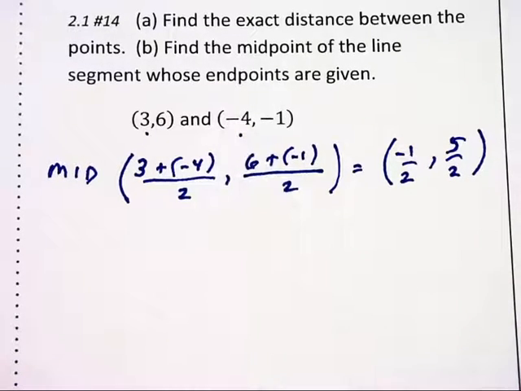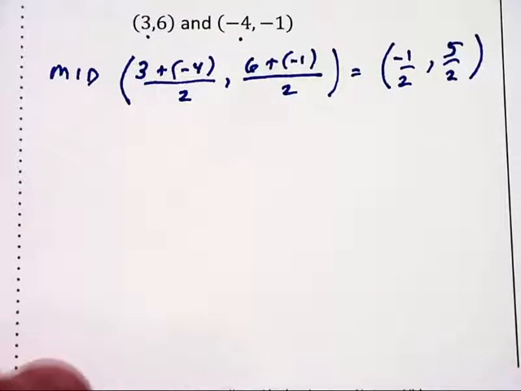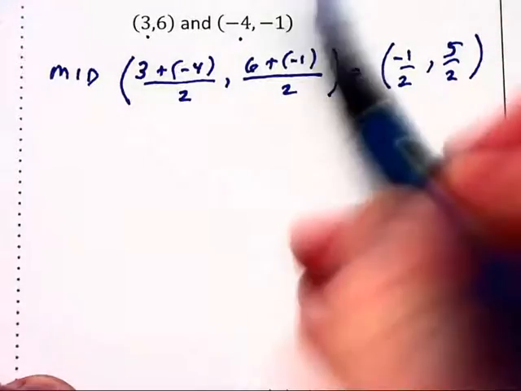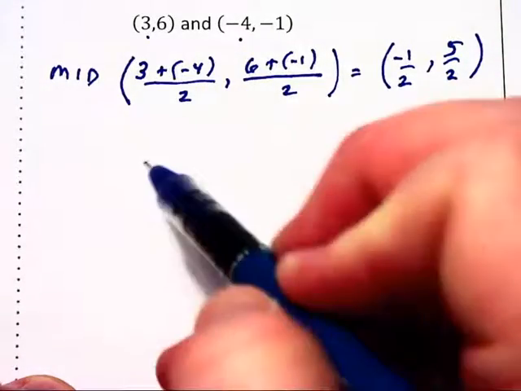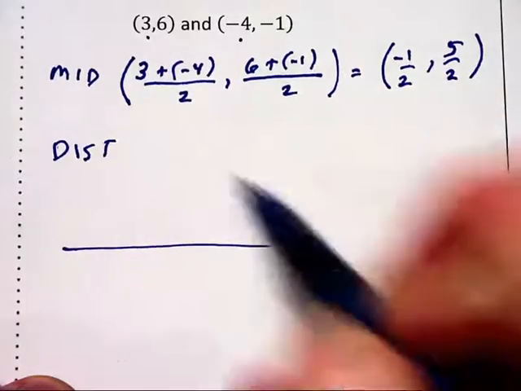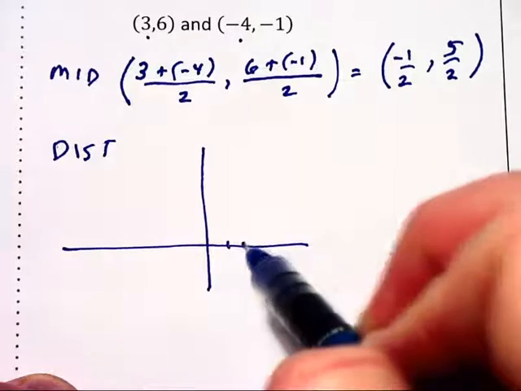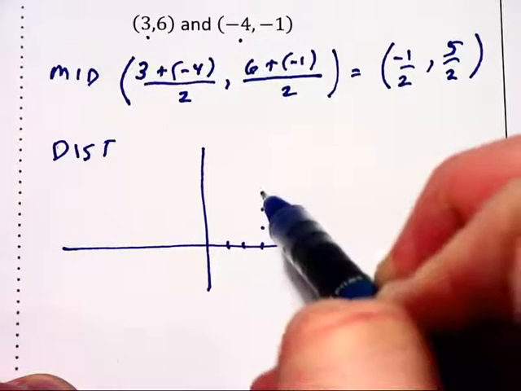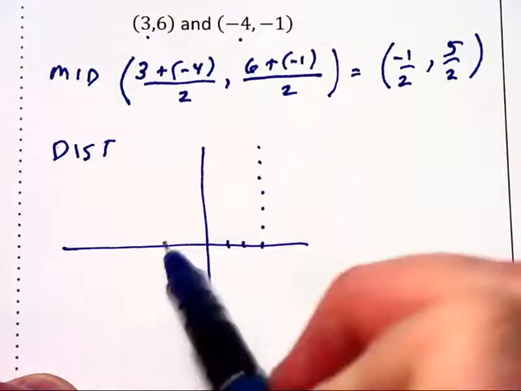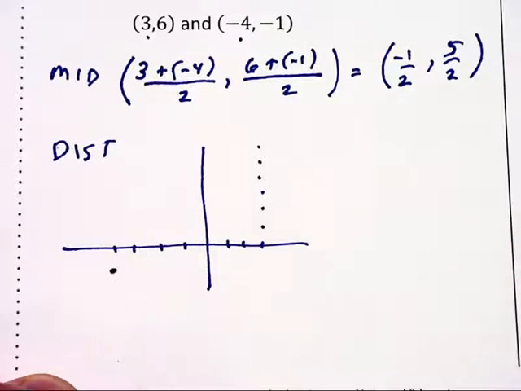When it comes to the distance between these 2 points, instead of going straight to the formula, I sometimes like to draw a real quick picture. Here we go. Our first point is located at 3, 6, so 3 to the right and 6 up. And the second point is at negative 4, negative 1 right there.